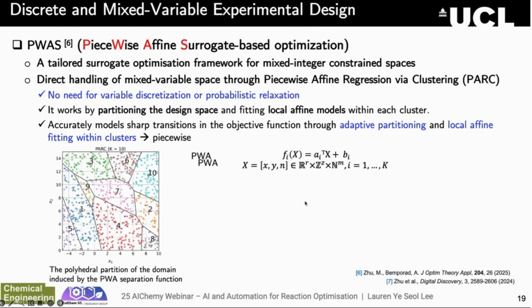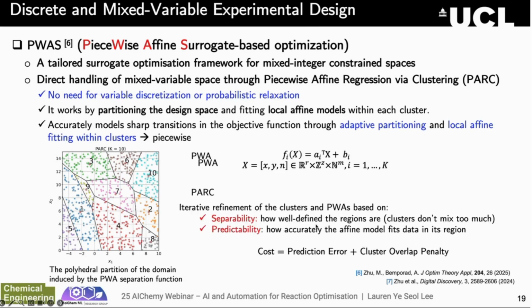It works by partitioning the design space and fitting a local affine model within each cluster. This approach is implemented through PARC, which iteratively refines the clusters based on how separable and predictive they are. This was developed by one of our previous PhD students, Mengjou.